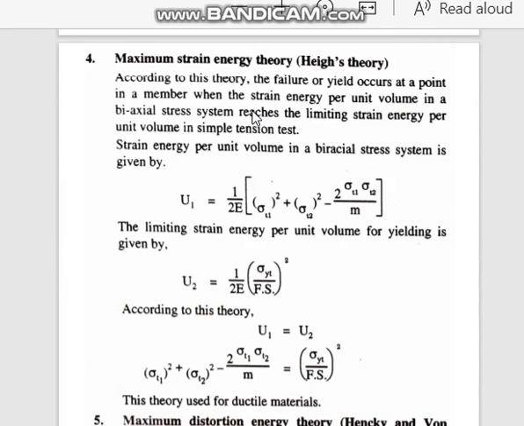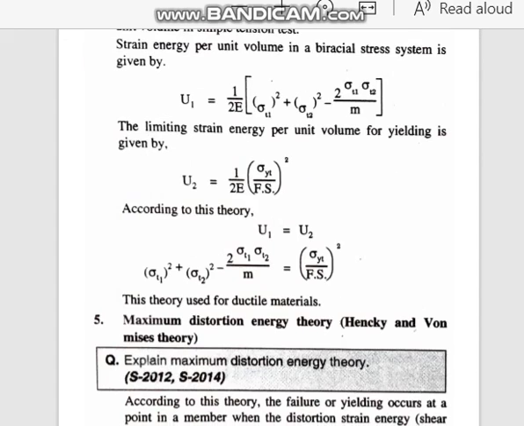And when so much energy is stored in your member, then the failure occurs. That is the meaning. We need not go through these equations. Now this is again used for ductile materials. You can say the first one is for brittle materials, and all the others are for ductile materials.